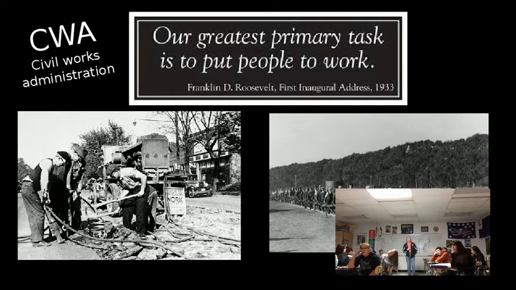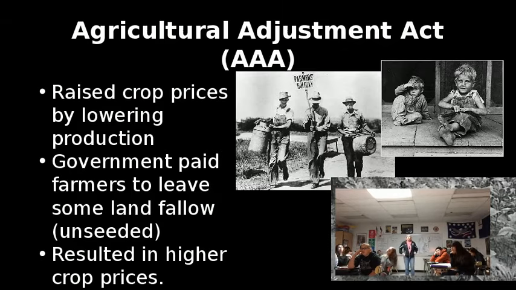So, and then finally, he passed the Agricultural Adjustment Act. It's the last one I want to talk about today. This was to help the farmers. The farmers kind of got a double blow in all this. Not only did they lose all their money, they lost their land too, because a lot of people suffered under the Dust Bowl. And so what he did was, for those who still had land and still could grow food, he set up the Adjustment Act where the goal was to raise the price of crops by lowering production.